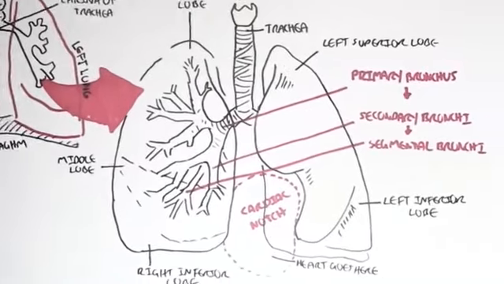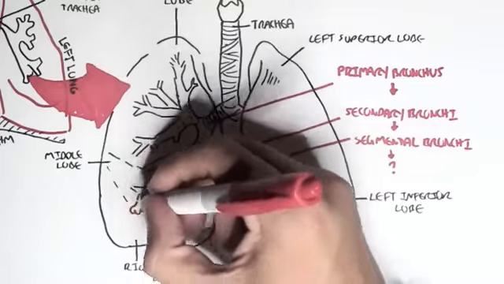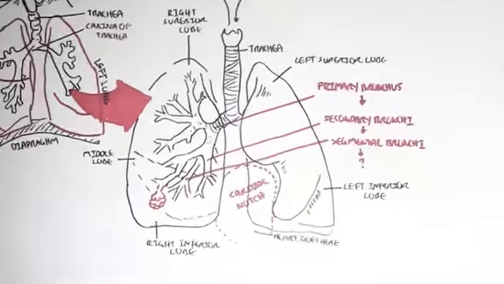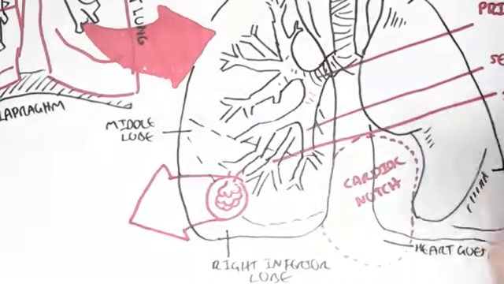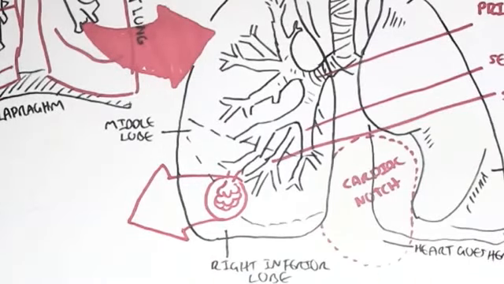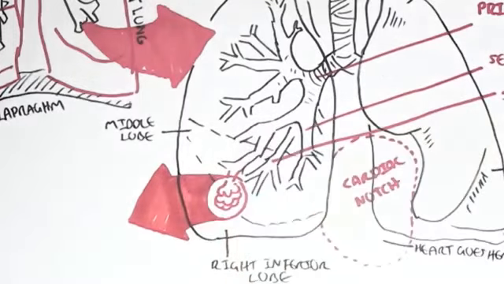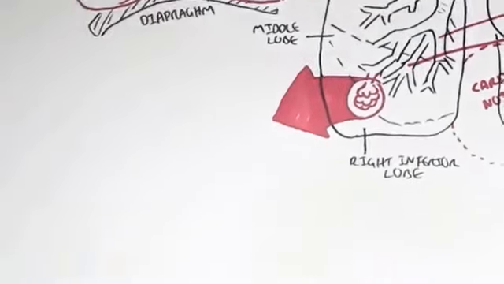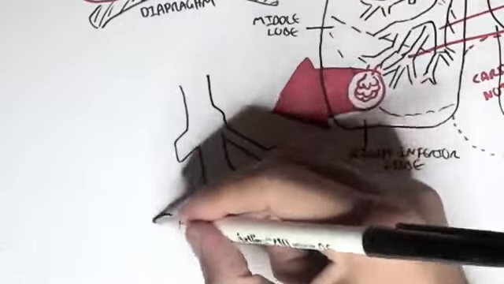And now going back to the trachea, which then branches off to the primary bronchus, then secondary bronchus, then the segmental bronchi. What comes after this? Well, at the last point of division, we have this sort of sac-looking thing. And this is known as the alveolus, the alveolar ducts.